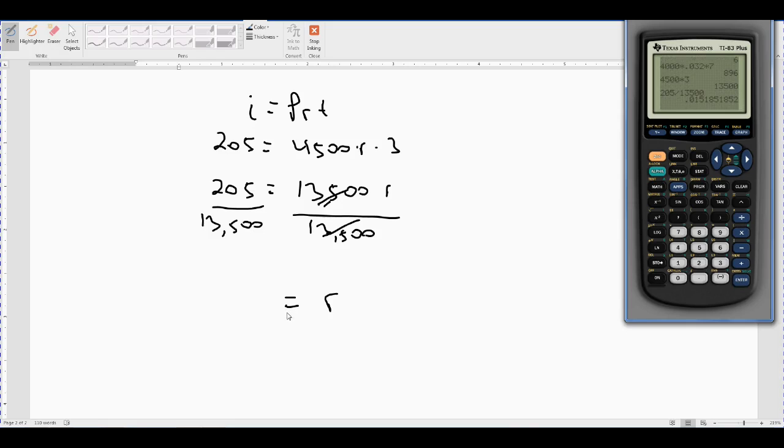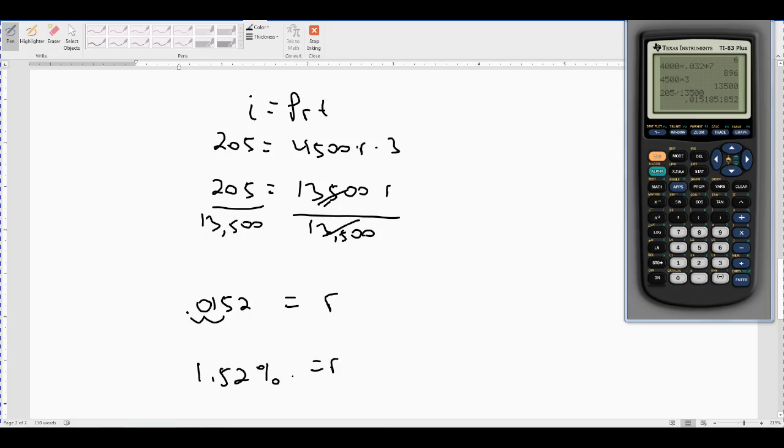We get 0.015. If you want to go to the next decimal place, the 8 rounds that 1 up to a 2. As a percent, move it two places to the right, it's 1.52%. And that's all.